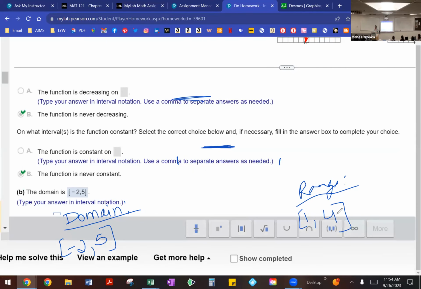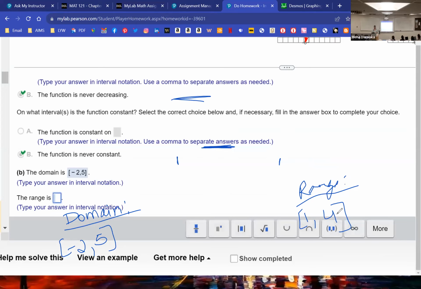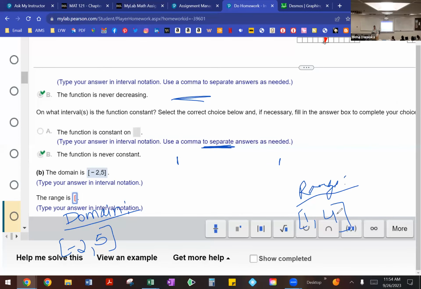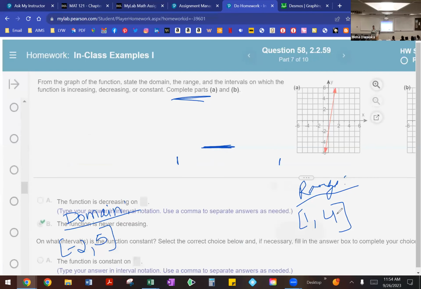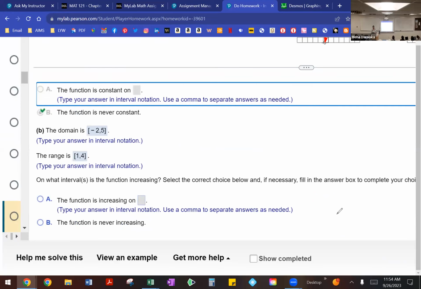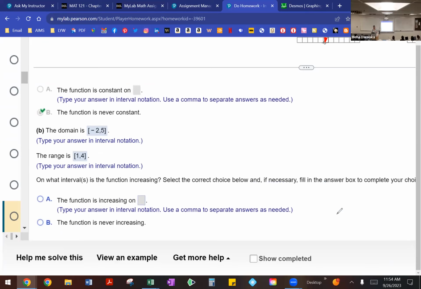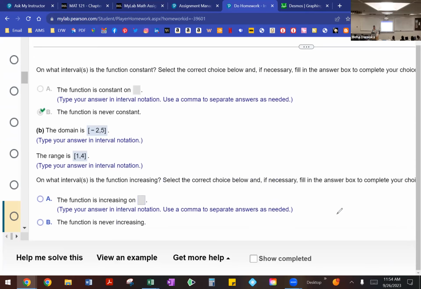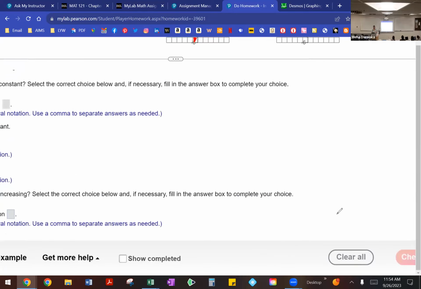The range we did from 1 to 4. So bracket 1 to 4, close on bracket. You can see that written out. All right, let's clear this guy out. Now, this is where, as we define, we need to put our increasing, decreasing, and constant intervals, and we know for this guy, it definitely has all three of those.